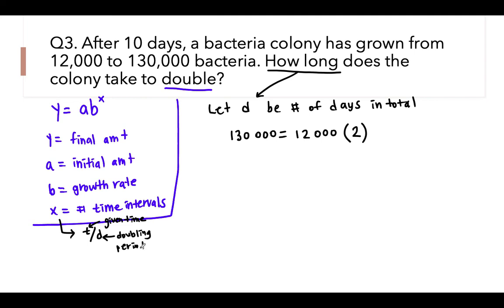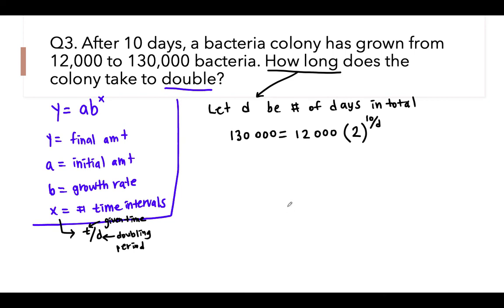So for example, is it doubling every 2 hours? Is it 4 hours? So we are given 10 days. So T is 10, but we're looking for the doubling period. Okay, so this will be D.